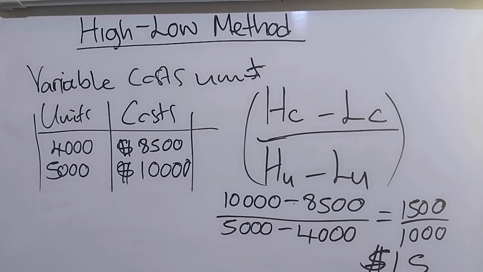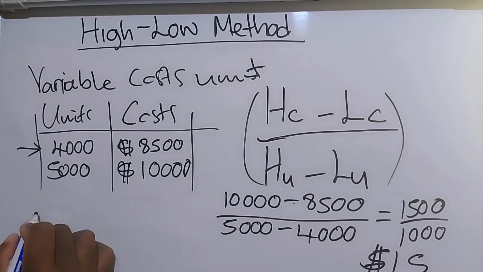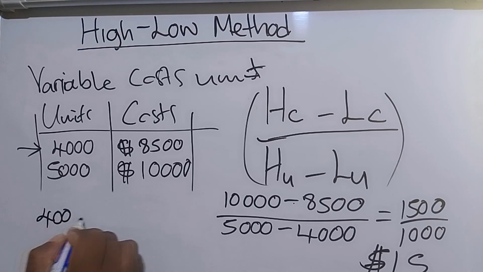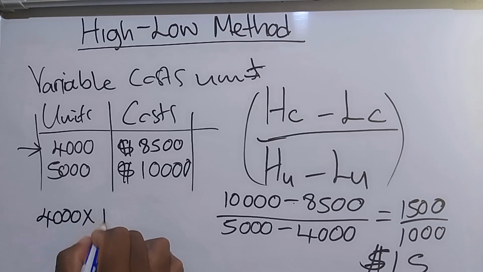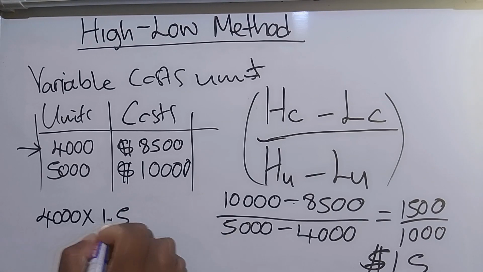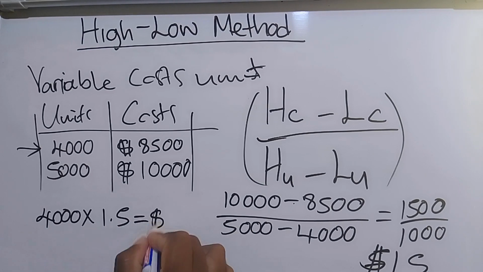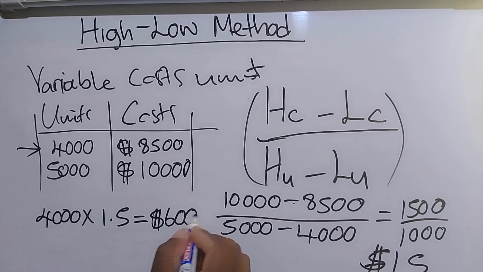Now let's see. For this first scenario, 4,000 times 1.5, this 1.5 being the variable cost per unit, will give us $6,000.